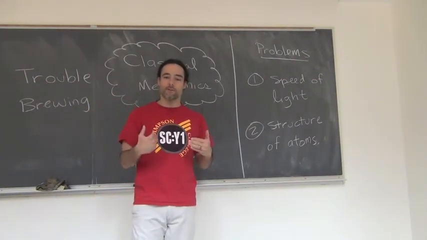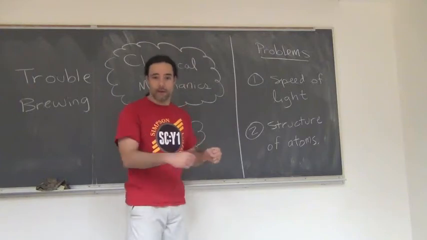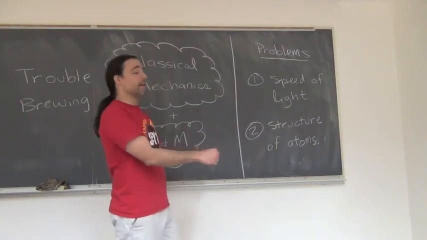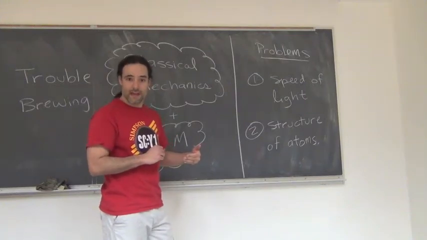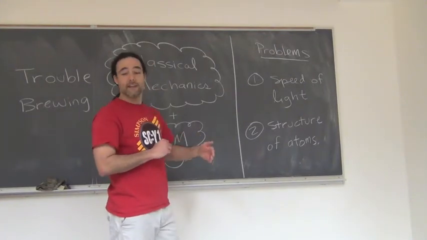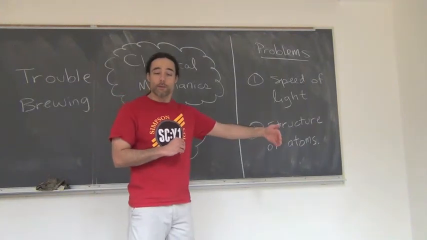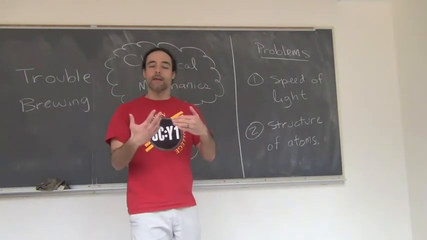The problem is, what happens if you're driving? If you're driving at 50 miles an hour, so we're driving down the street, and you turn your headlights on, well, if the speed of light is 50 miles an hour, and you're driving at 50 miles an hour, the light's not going to go anywhere. So how do we account for this?